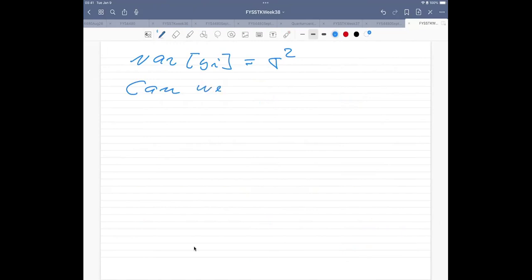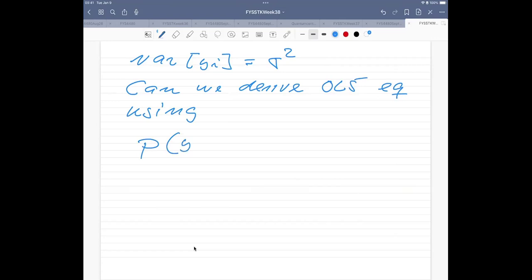Can we derive the ordinary least squares equation using this probability for y? We are going to use a probability where we have y_i with a given x and given parameter theta. This bar means: what is the probability of y given theta?